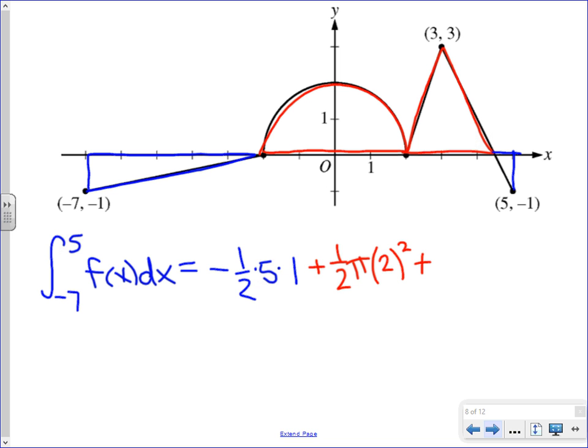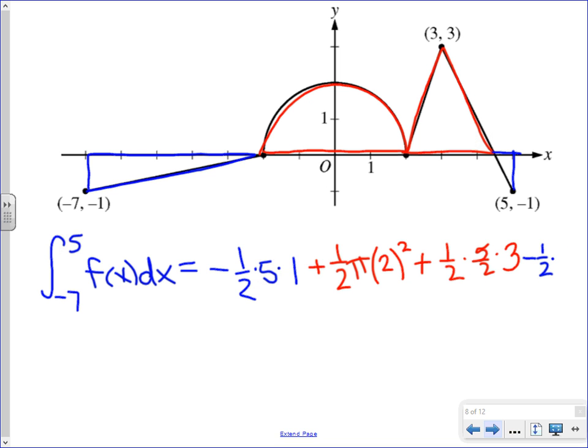And then we have another triangle. So we have 1/2. The base is 2.5. So I'm going to call that 5/2. And the height is 3. And then we have to subtract out this tiny triangle, 1/2 base times height.